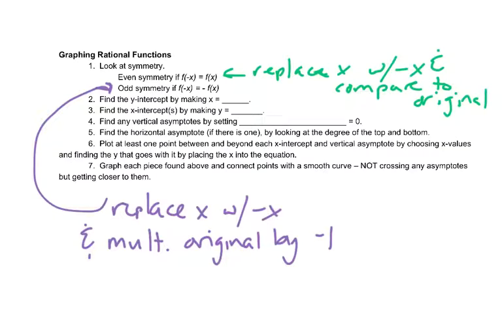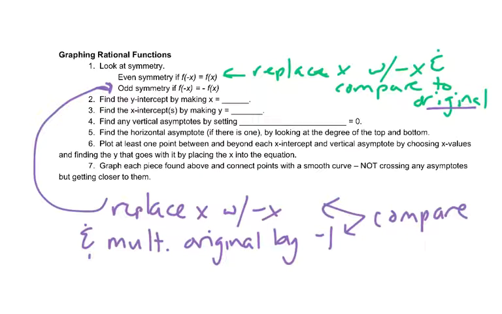Those are 2 separate steps, and then we compare those two. If those two are the same, then it's odd. If replacing x with negative x is the same as the original, then it's even.